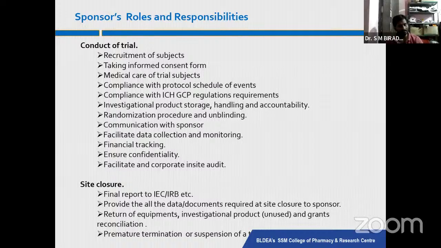If it is stopped, all the equipment should be returned, and any unused investigational product should be handed over to the sponsor. Any grants or financial support that remains should also be given back to the sponsor. Premature termination or suspension of the clinical trial should be done once all the above steps are conducted.